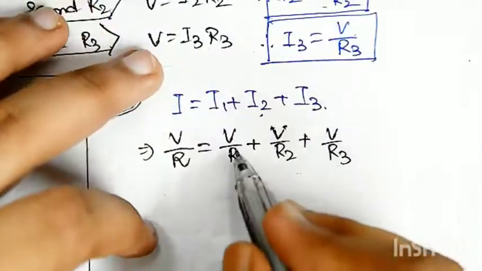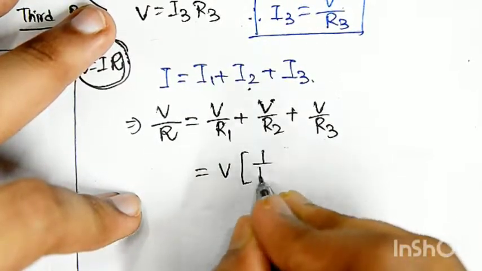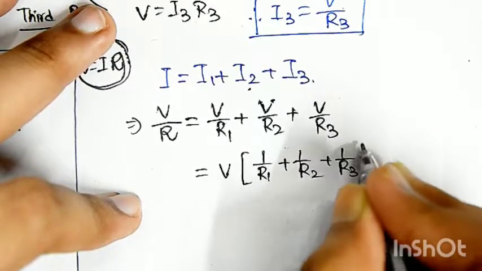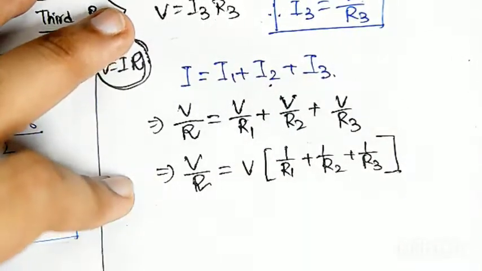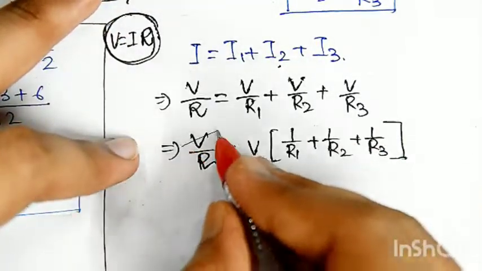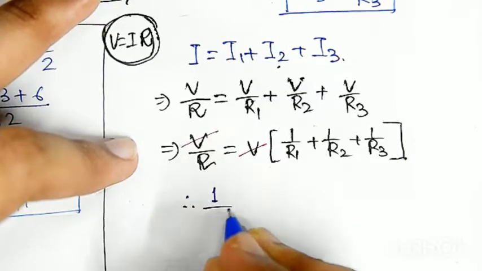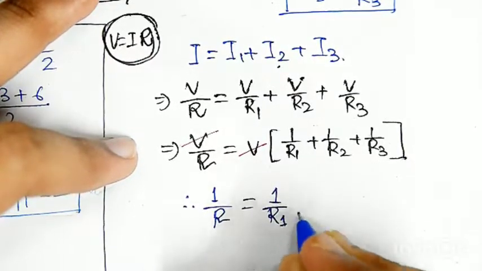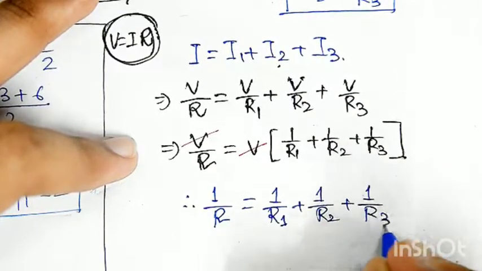So V common, 1 by R1 plus 1 by R2 plus 1 by R3, and here I get V by R. So on both sides I can easily cancel V. So the final equation I get is that 1 by R equals 1 by R1 plus 1 by R2 plus 1 by R3.